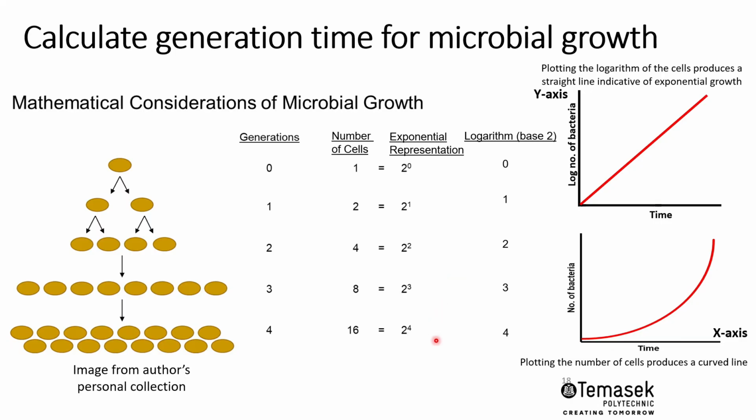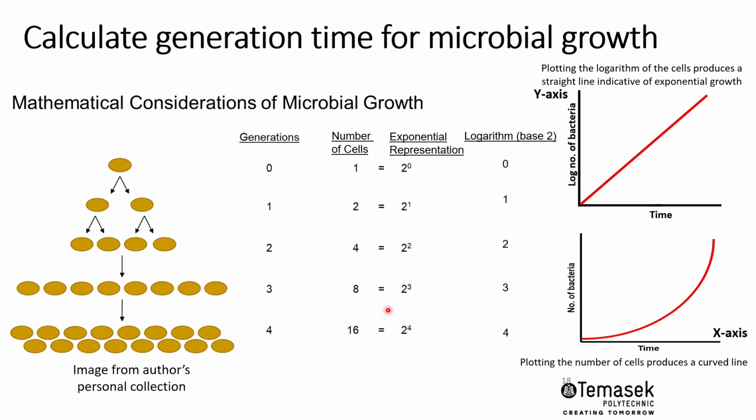So exponent 1 is generation 1, exponent 2 is generation 2, exponent 3 is the third generation, as well as exponent 4, the fourth generation. Because this population often contains a very large number of cells, it's very useful for us to express them in terms of exponent, also known as logarithm.